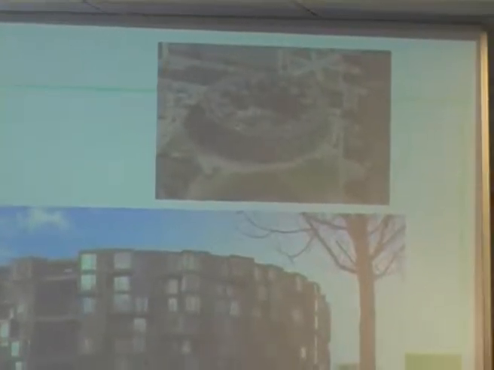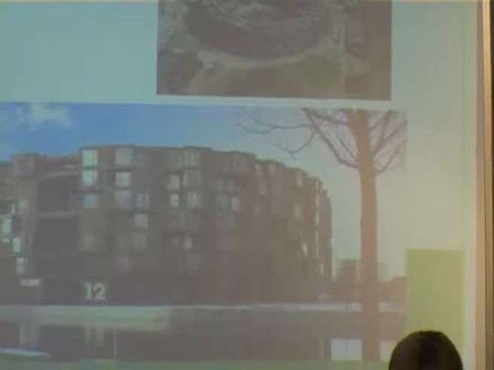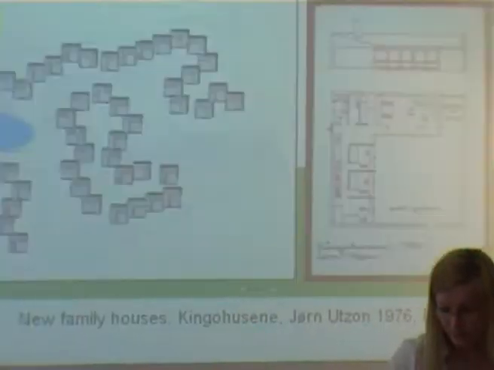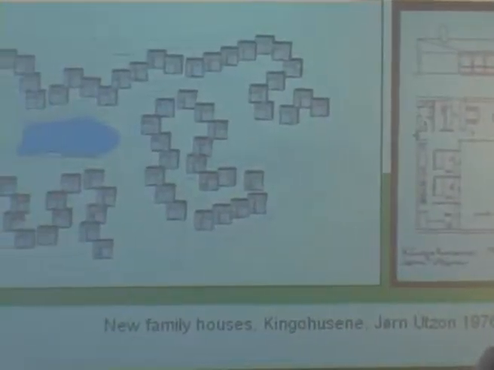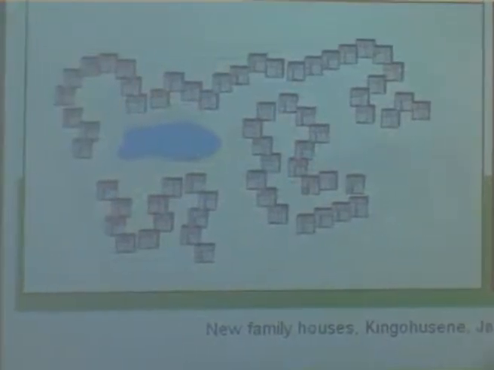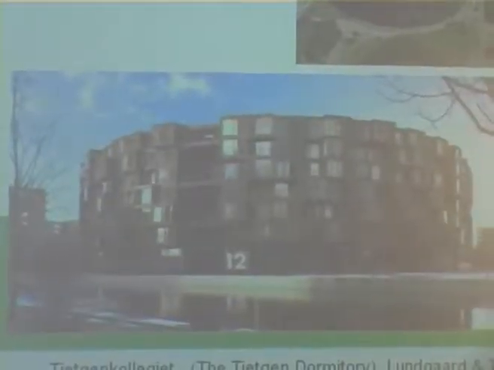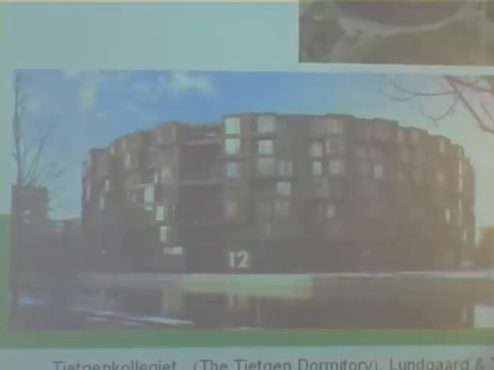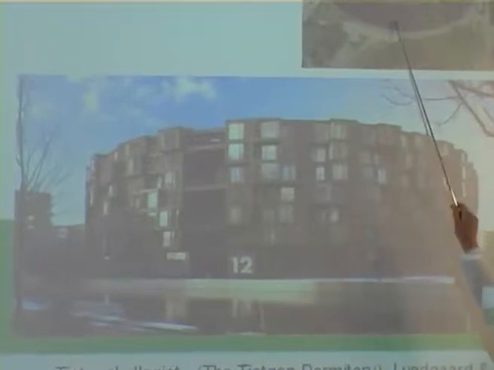Now what you see here is that what was actually also present here is the social aspect of how people want to be together. They want to have spaces between their houses. And that was the main idea of this whole dormitory. They wanted to connect people in a circle. This is inspired from a Chinese tribe called the Haki tribe.